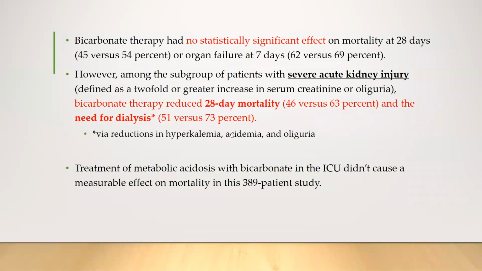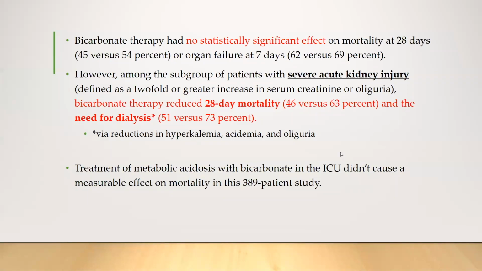Now, looking at the flip side, those who were treated with bicarb did experience some complications like hyponatremia, hypokalemia, hypocalcemia, but that didn't cause a measurable effect on mortality in this 389 patient study. So what does this tell us as a bottom line? That bicarb therapy could potentially be useful.